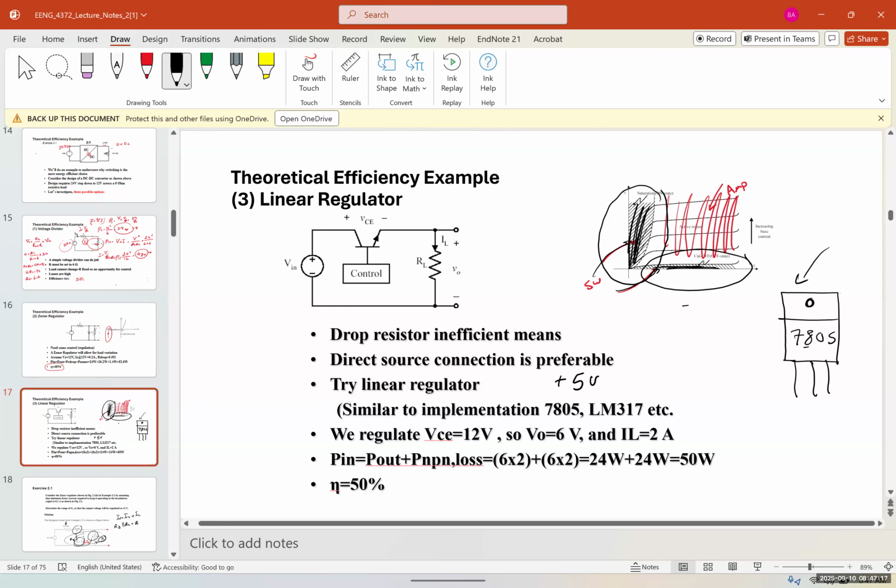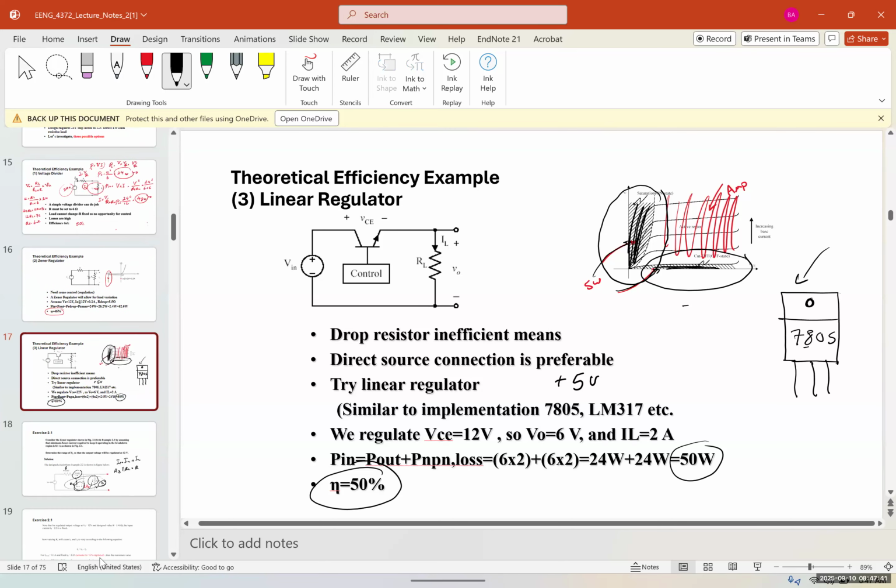The loss is 12 watts, which gives us 50 watts almost in the input, and the output is half of that, which gives us the best efficiency possible in this situation, again 50%. So we lose half the power. So voltage regulator, Zener diode, voltage divider, none of them are the solutions.